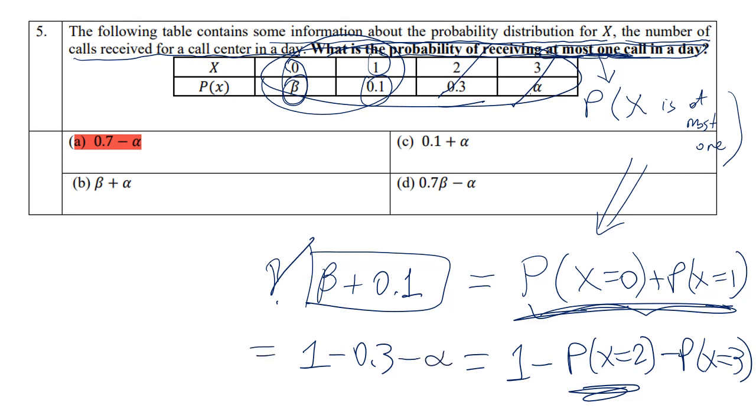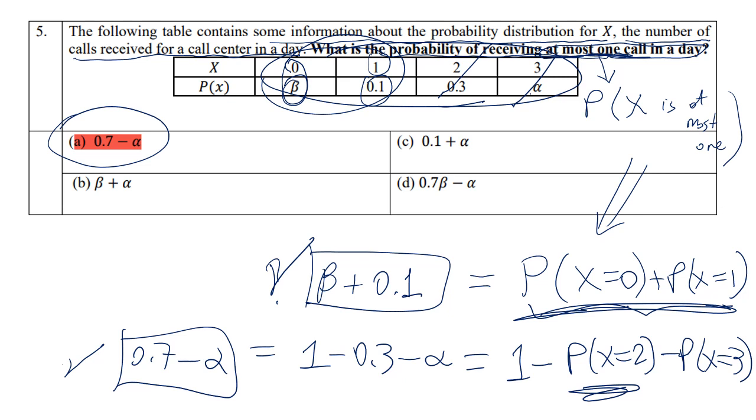So this is 0.7 minus alpha. Here in the choices, we see 0.7 minus alpha. So then we will choose this one. But if we had the other one in the choices, it would also be true. They are both true, but if you don't have it in the choices, you can go with this one.